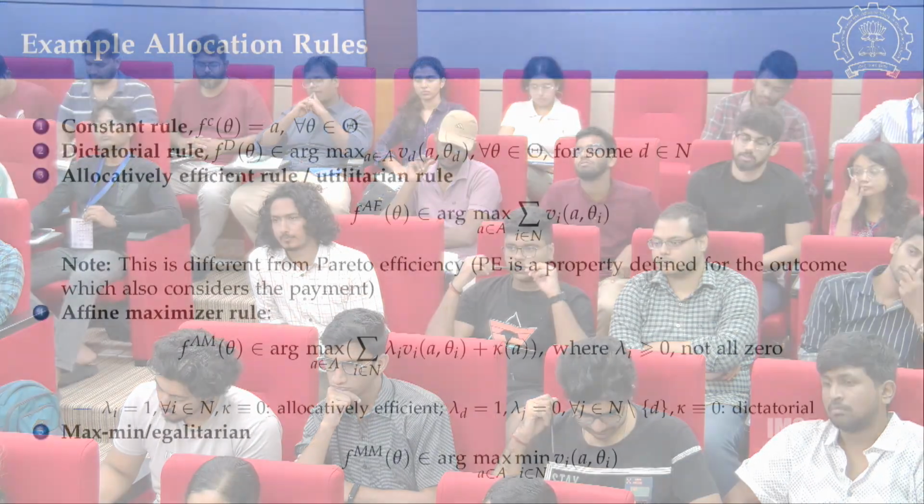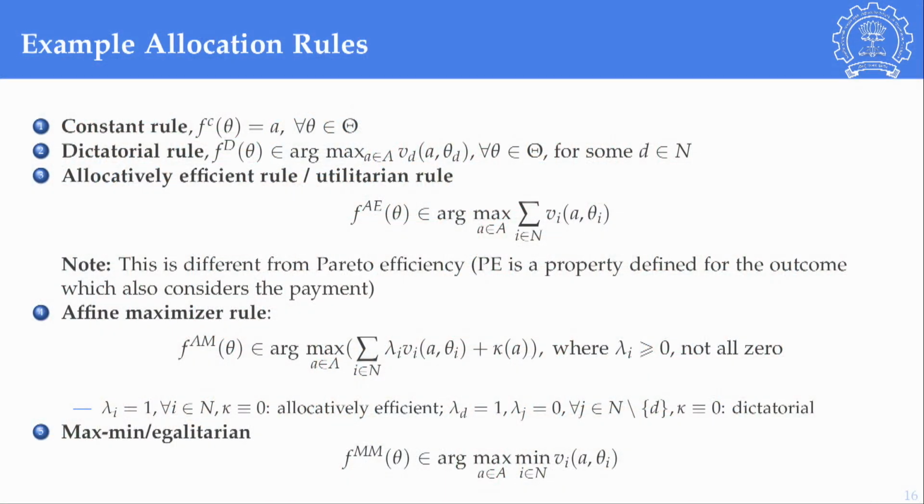The other one that I was talking about is, in principle, markedly opposite to what the utilitarian rule is doing. The utilitarian rule looks at the aggregate, the sum of the valuations of all the agents. Somebody could be very rich, somebody can be very poor under this rule.